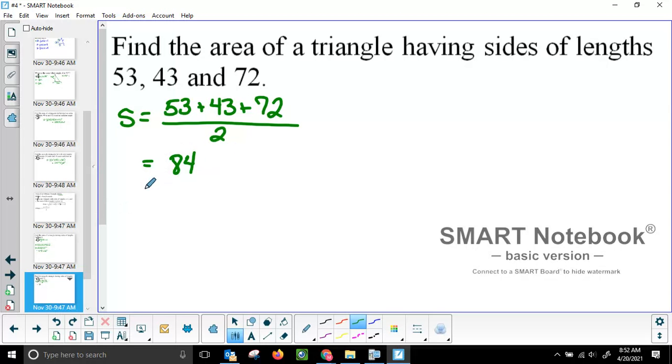Hopefully I did that correctly. And then our area is equal to the square root of S times S minus A times S minus B times S minus C.